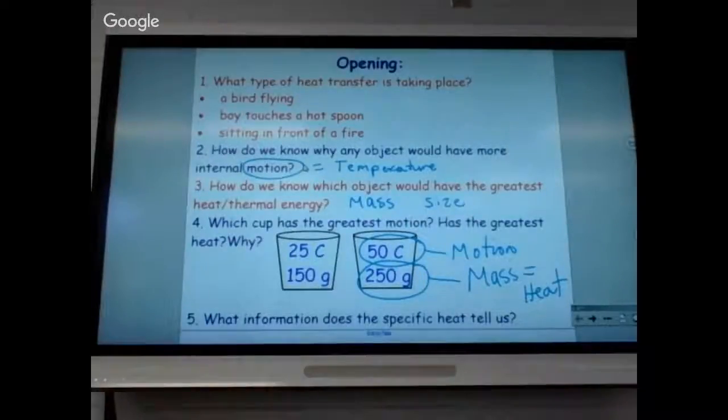Why do I like to use aluminum foil? It heats up quicker, it cools down the fastest. It heats up fast and it cools down fast. So specific heat tells us what materials heat quickly and cool quickly, or heat slowly or cool slowly.